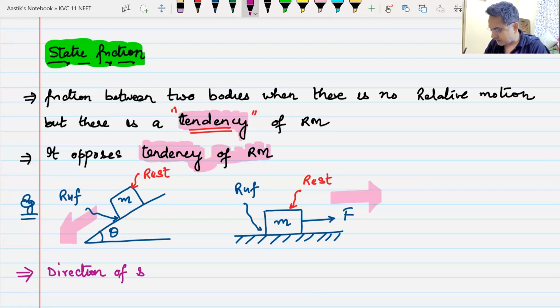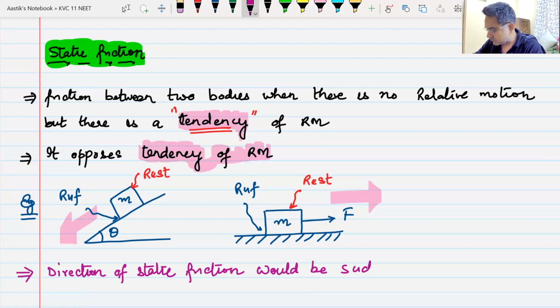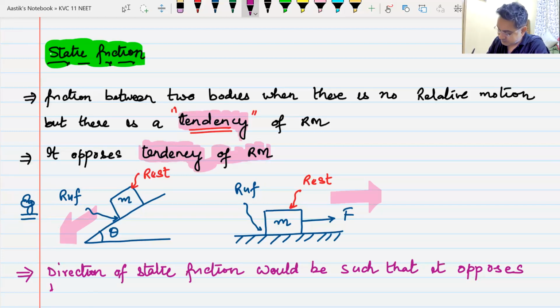Direction of static friction would be such that it opposes the tendency of relative motion.